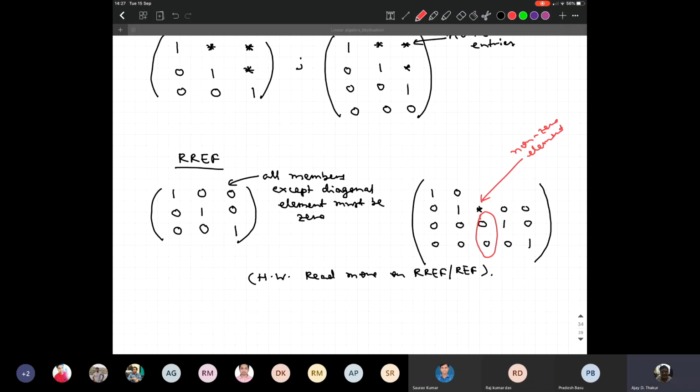In certain circumstances you would end up with a non-zero element hanging around. But as long as all numbers below that are 0, there is no 1 below that, so that is fine. And that is still called a reduced row echelon form.